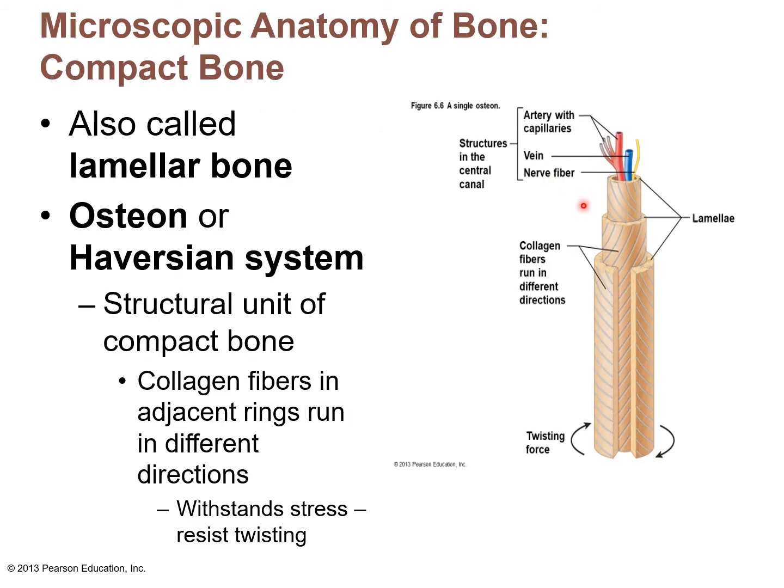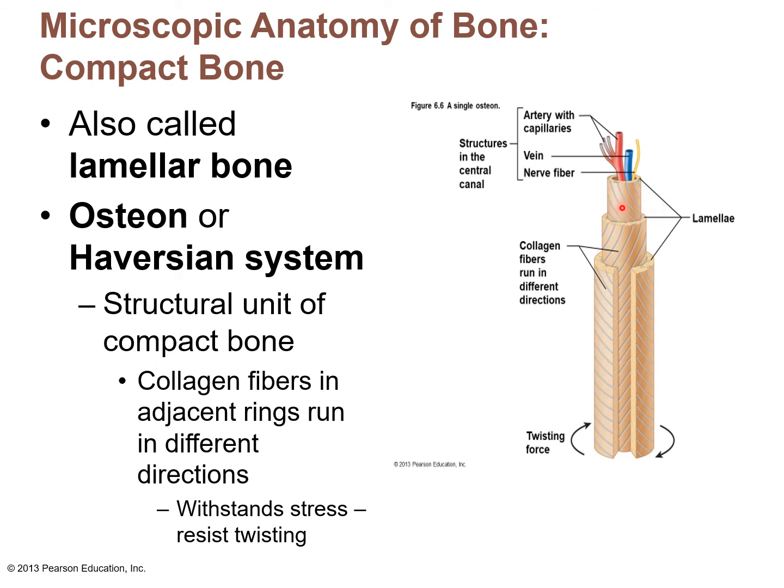If we look at compact bone, it is also called lamellar bone. And the reason why it's called lamellar bone is because when you look at it under the microscope, you notice that it looks like a tree trunk. And that tree trunk look is made out of what we call lamella rings. So you can see right here the lamella rings.